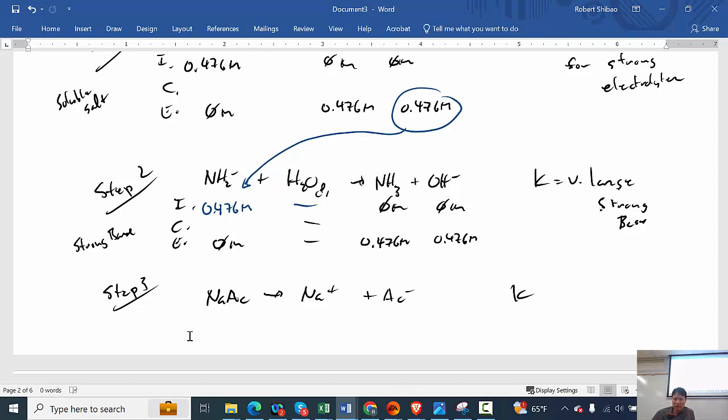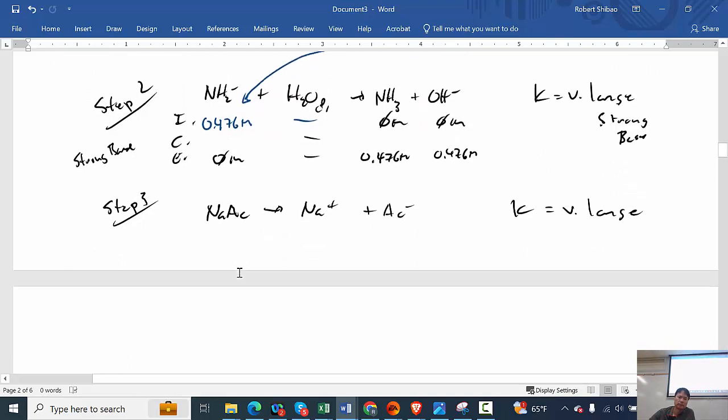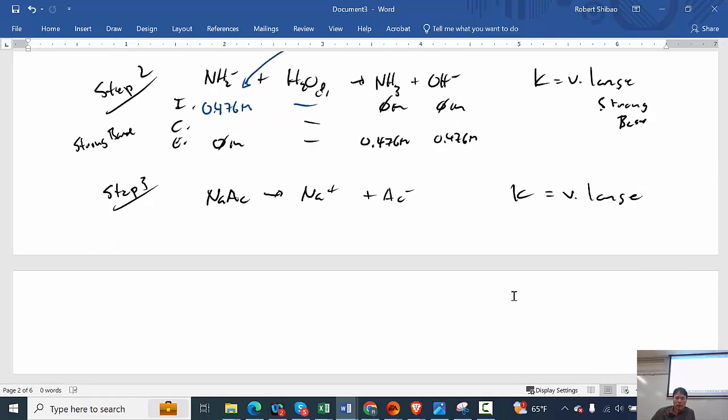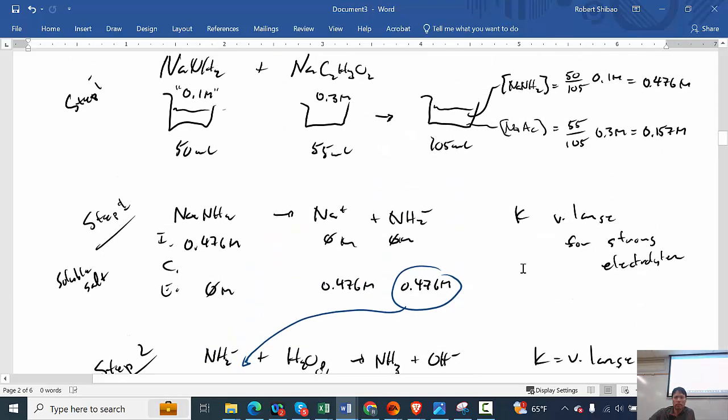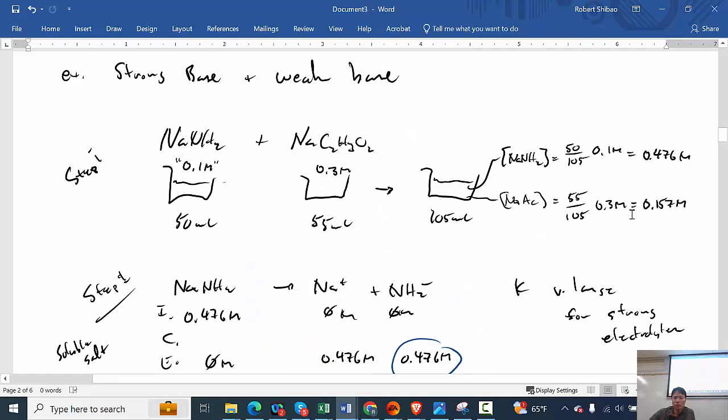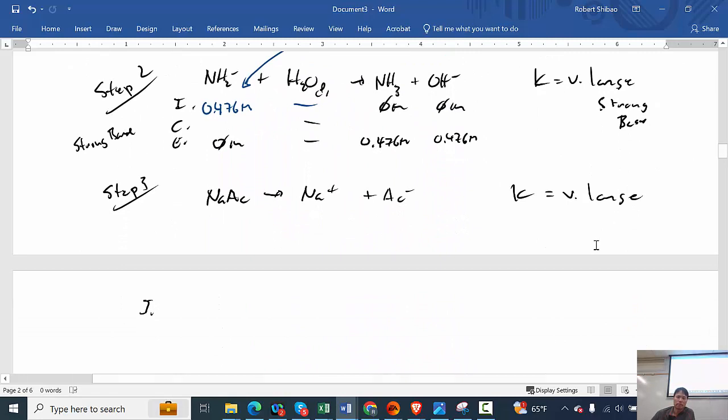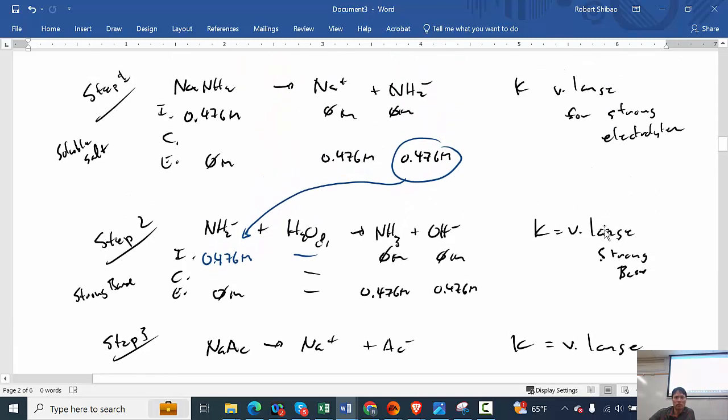K for this is very large because sodium salts are strong electrolytes. So the initial mixture concentration for sodium acetate is 0.157. The sodium ion I have to carry down from step 1.